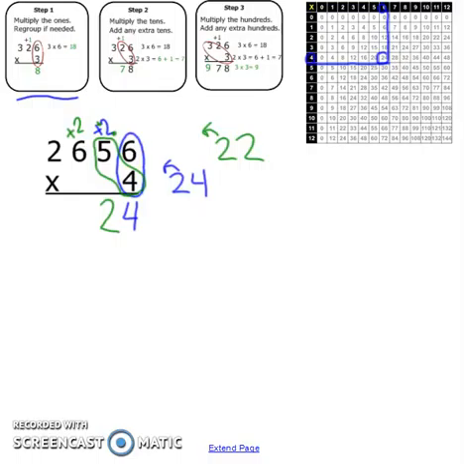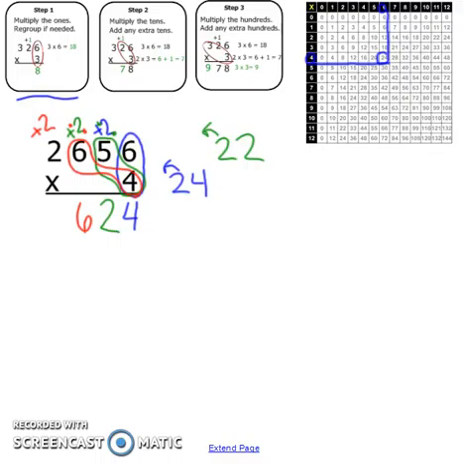I'm going to keep going. Step 3, multiply my hundreds. 4 times 6. I remember that one from earlier. 4 times 6 is 24, 25, 26. Write my 6. Carry my 2.